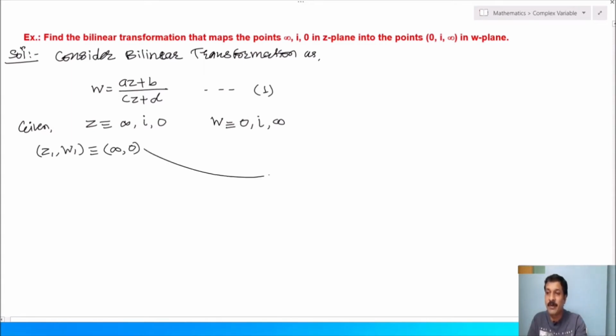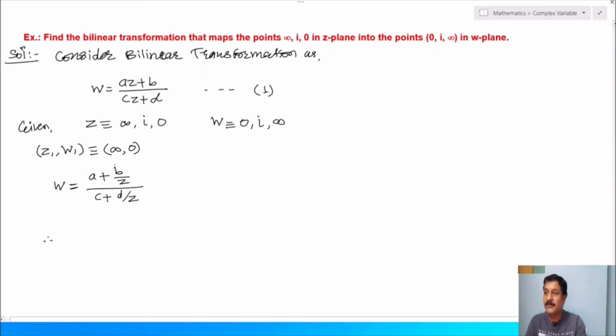Put in equation 1, so Z is infinity and W is 0. Because I want to use infinity, I will divide the numerator and denominator by Z. So it becomes A plus B by Z upon C plus D by Z.